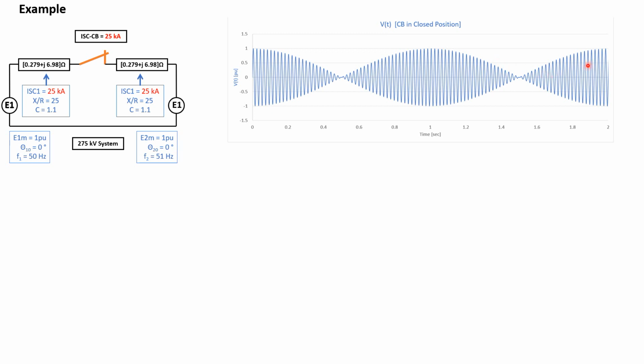When you have a report from the relays that operated and some event recording using this wave pattern, it means you have two frequencies in the system. This value here, if you look at it, is 1 second. So basically it is the difference between the two frequencies, 1 Hertz, and 1 second is going to repeat here.